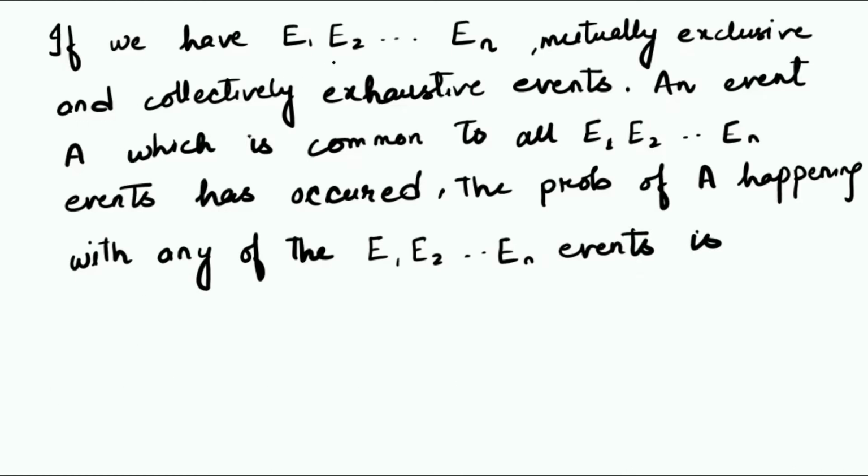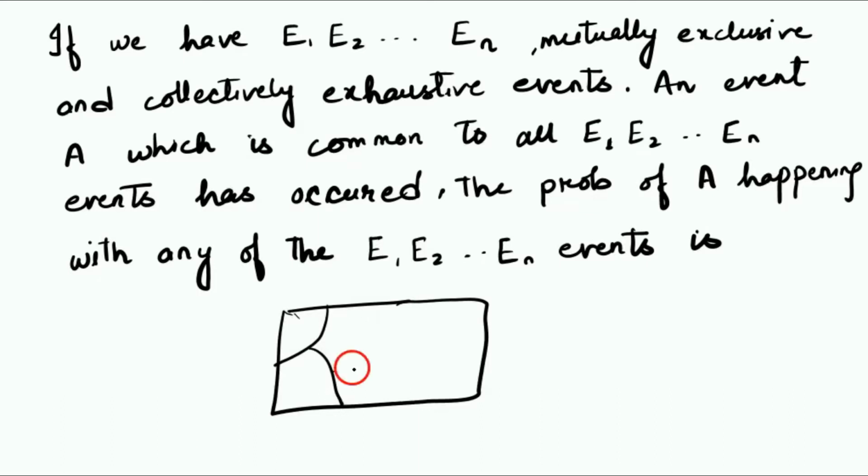So suppose, see, there are E1, E2, E3, E4, E5 till En. These are events, okay. Many are there. And this is event A, which is common to all of them.